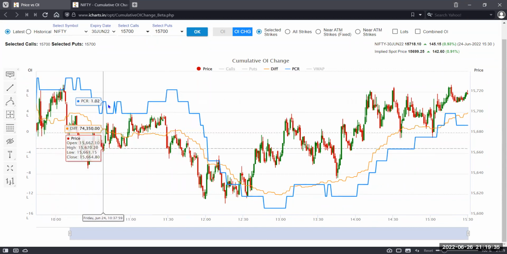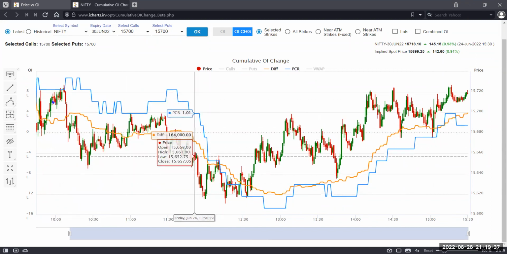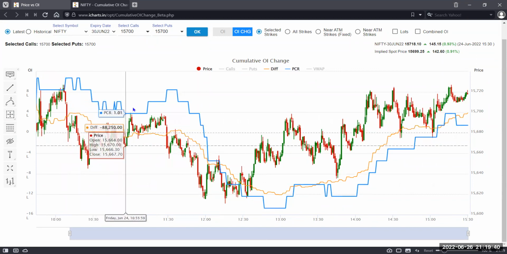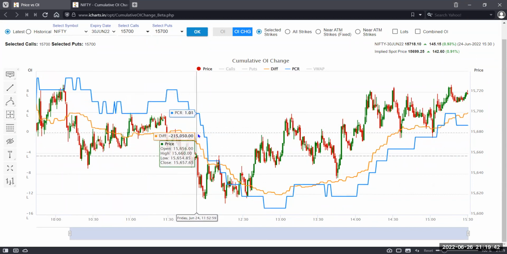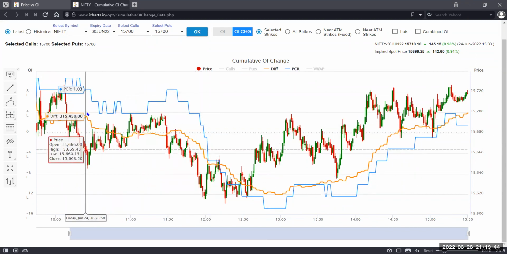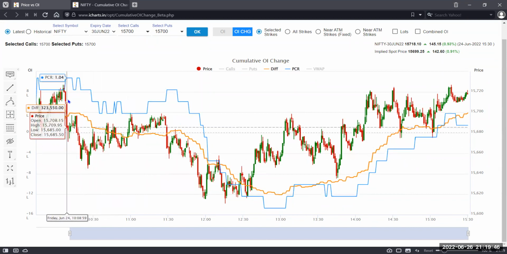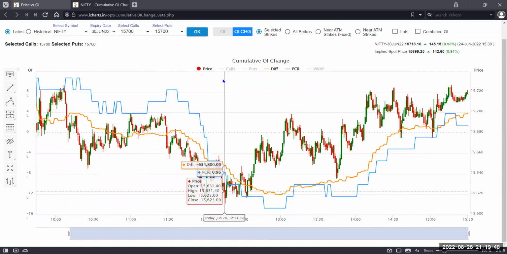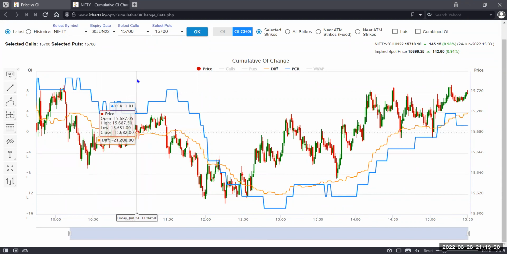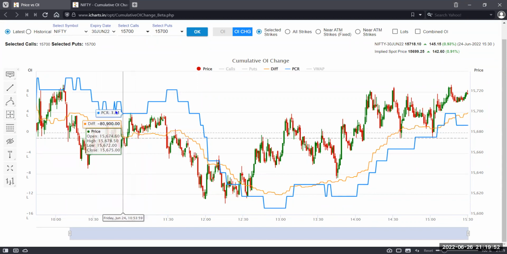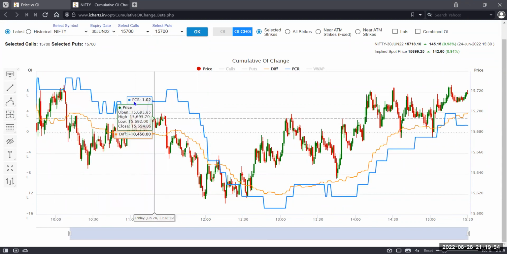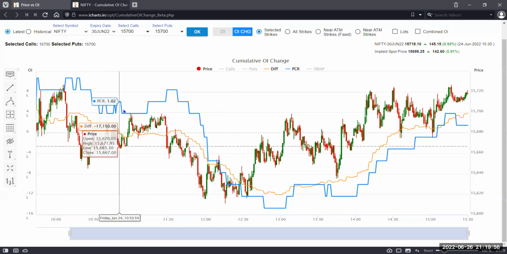So whenever PCR is going down steadily, starting to go down over here, it just means that either call writing is more, because see, PCR is what? Put OI divided by call OI. So whenever it is going down, what is decreasing? Put OI by call OI.